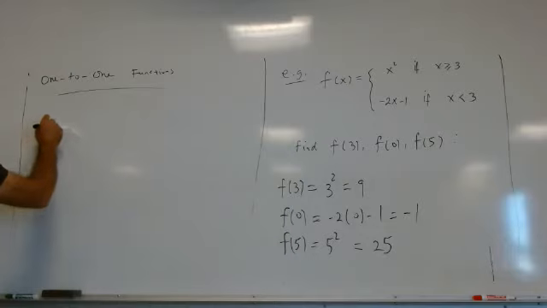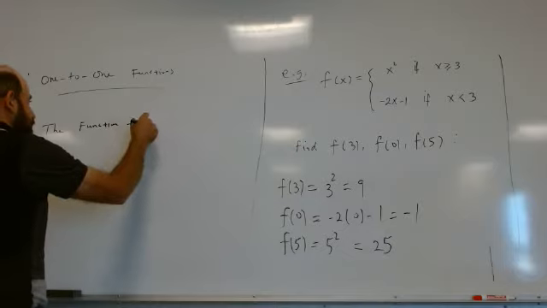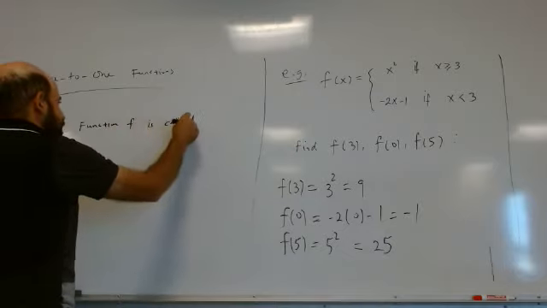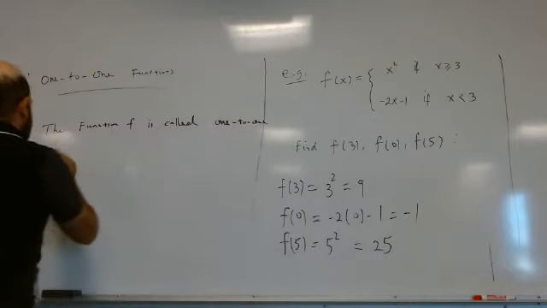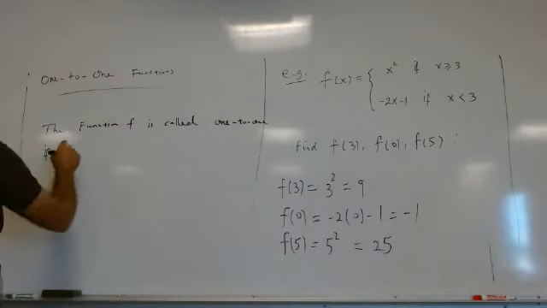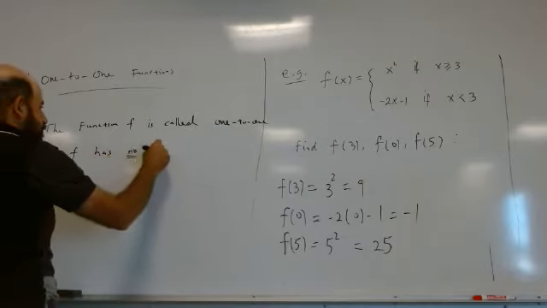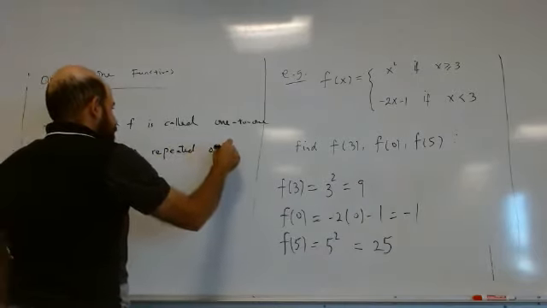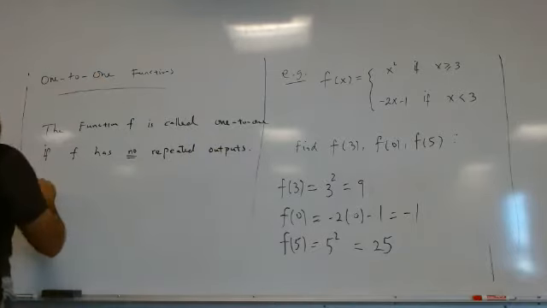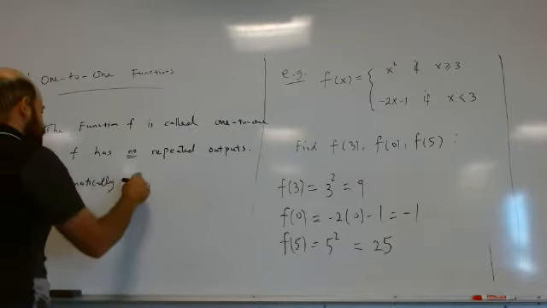So the function f is called one-to-one if f has no repeated outputs.